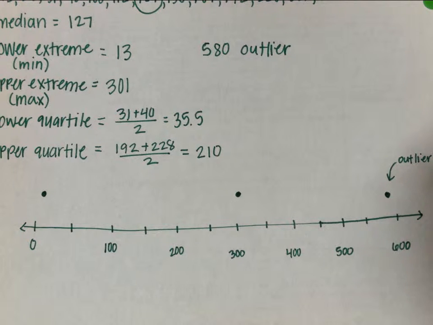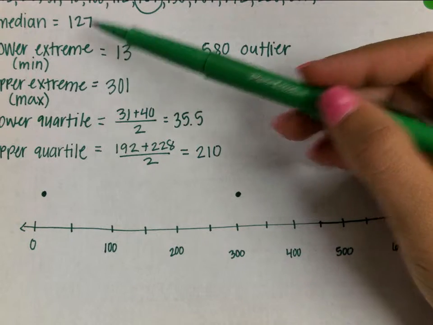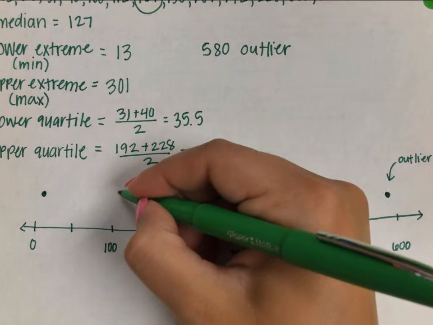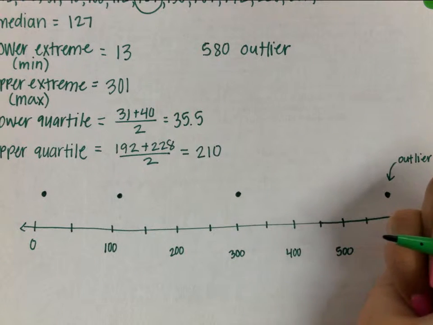All right, so what next? Doesn't matter what order I plot in. Let's go ahead and plot my median. So it's at 127. It'll be kind of close to 100. And then my lower quartile and upper quartile, which are going to be the ends of my box.